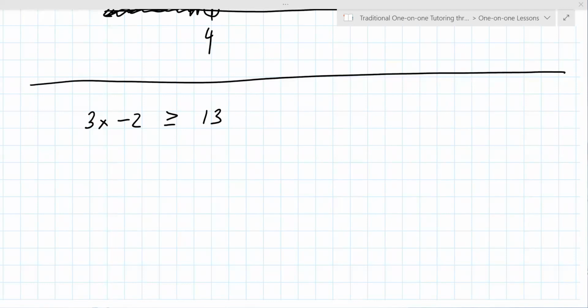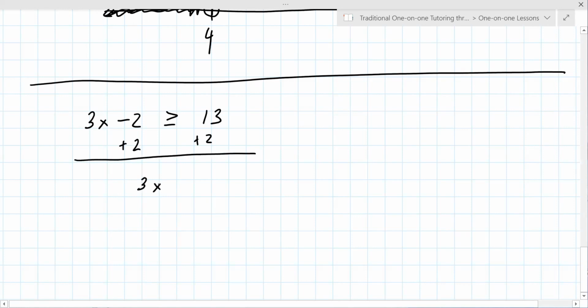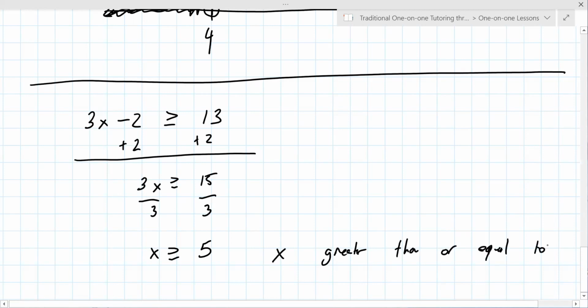X greater than 13. No, 5. Okay, so yeah, I think that's pretty close here. The wording is really important. So maybe you wrote down the right thing, but it's x greater than or equal to 5.